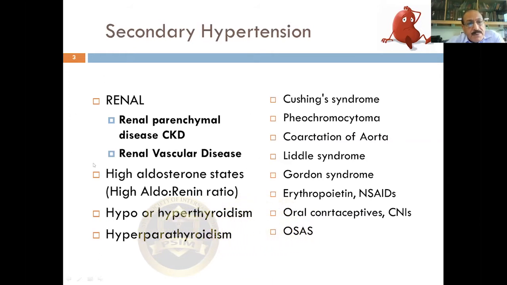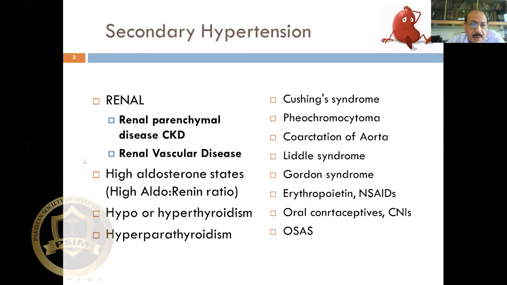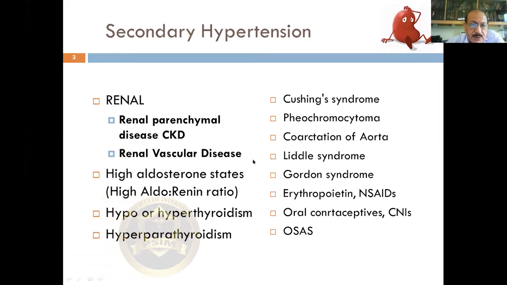Similarly, we see a lot of patients who are in their CKD stage 4 or 5, unfortunately, who have never been worked up for a renal cause. And my learning is that 90% of the blood pressure originates in the kidney, even if it is essential hypertension. It depends on how many nephrons you were born with.